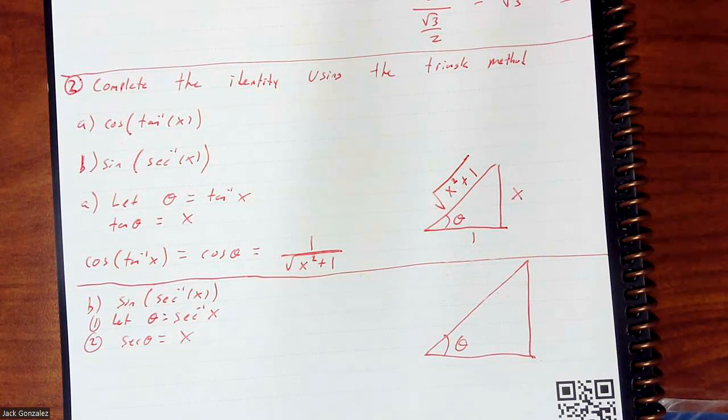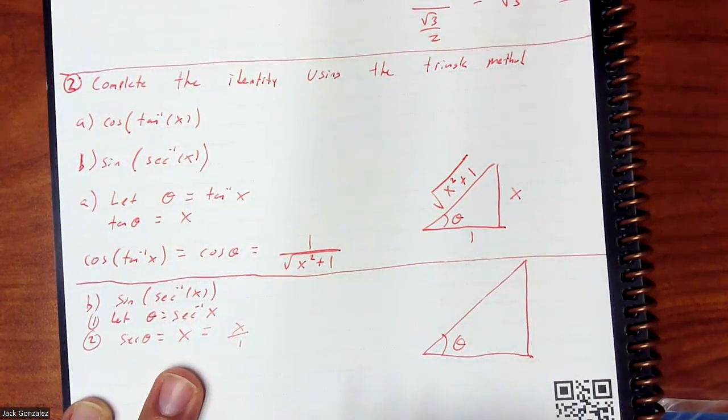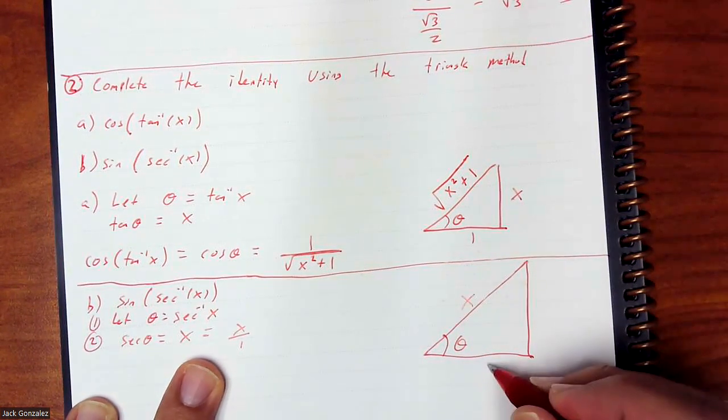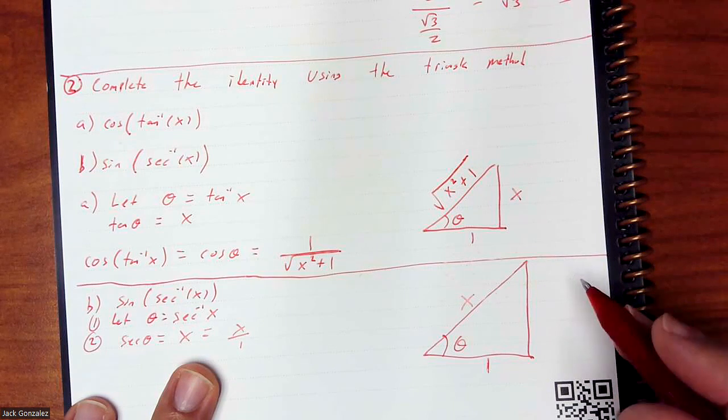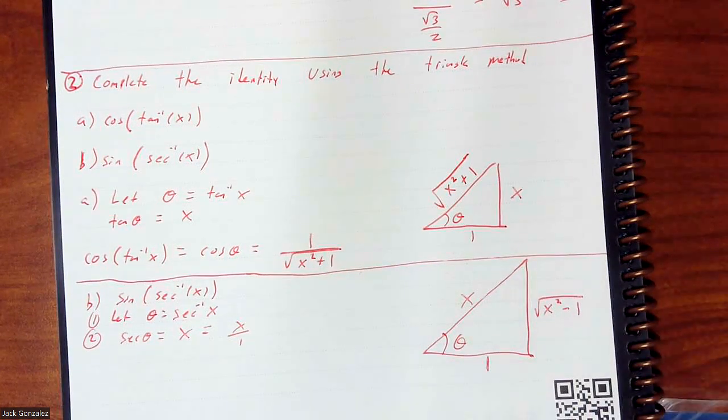Figured it out though. It would be hypotenuse over adjacent, right? Don't you guys have that in your notes somewhere? So there's technically a 1 here. Hypotenuse over adjacent. Solve for the side. Pythagorean theorem. Once you do your Pythagorean, you would get the square root of x squared minus 1. I don't have space, so if you want to see this, I'll do it on the board later.